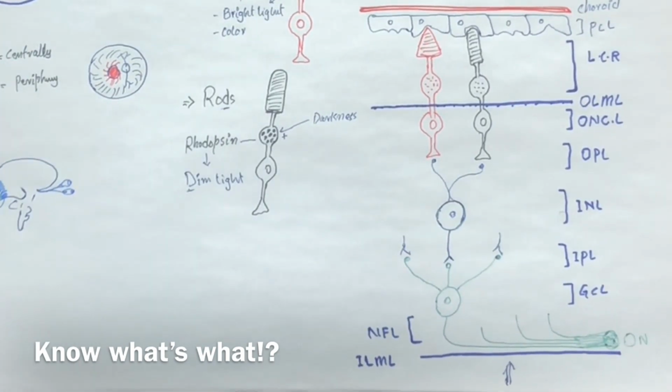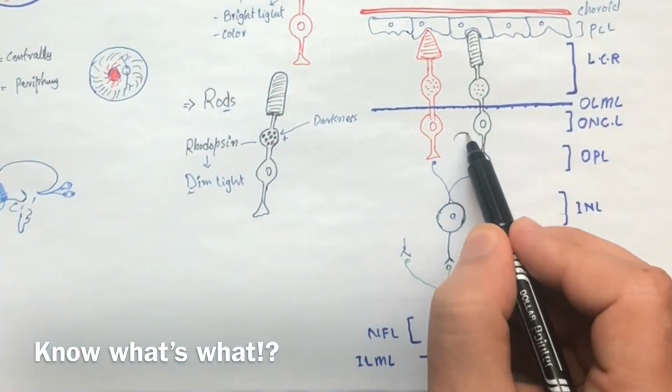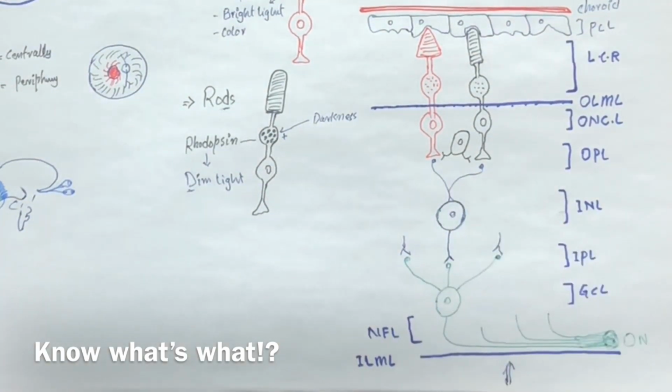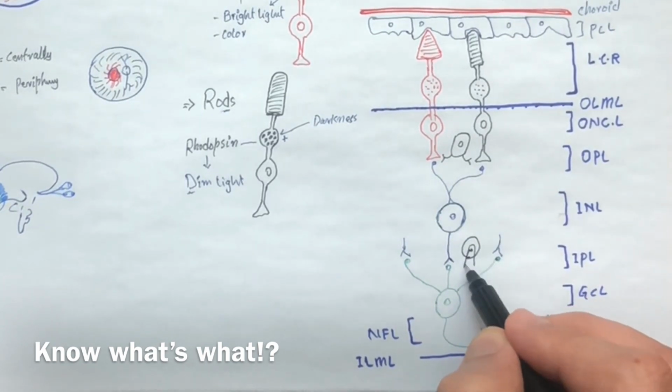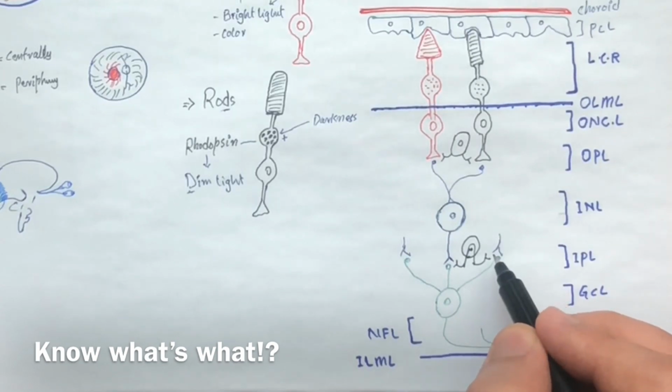Now, if we put the other cells in the retina, it will be the horizontal cell. The horizontal cell gives the fiber to both plexus here and there, cones and rods both. And then we have the amacrine cells. And the amacrine cells are also kind of horizontal cells.